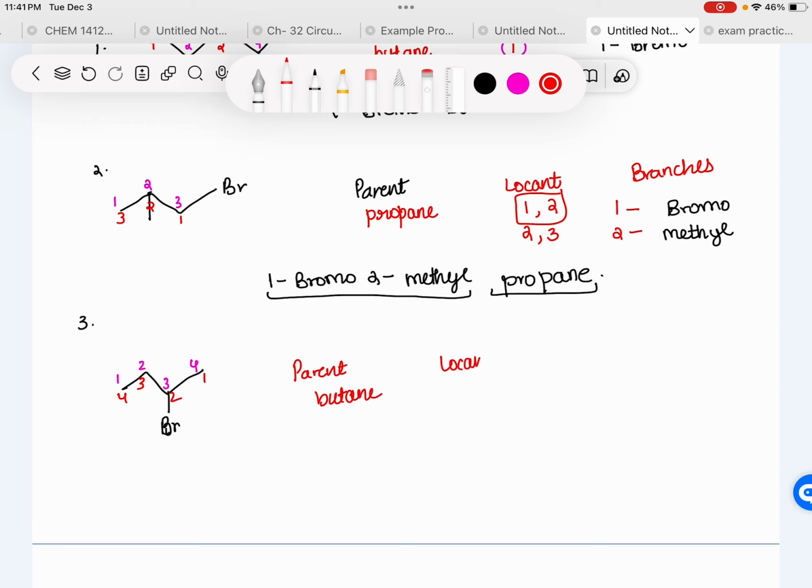The locant, we have 3 and 2. Since we consider the lowest, we use 2, and branches we have bromo, which is attached to 2. Since it's locant prefix, it'll be 2-bromo, and our parent suffix butane.